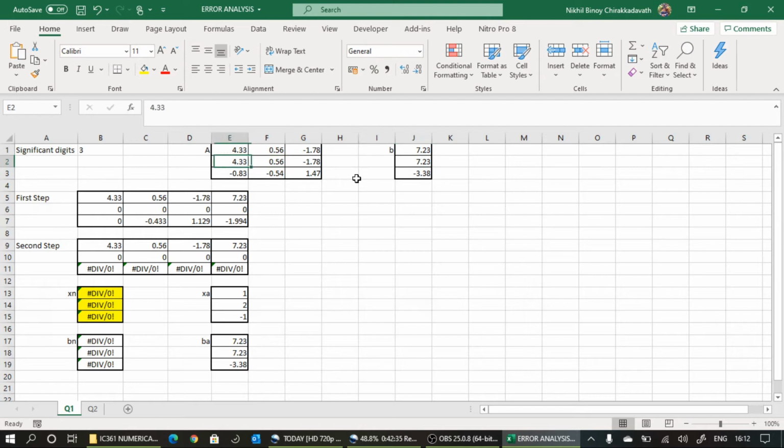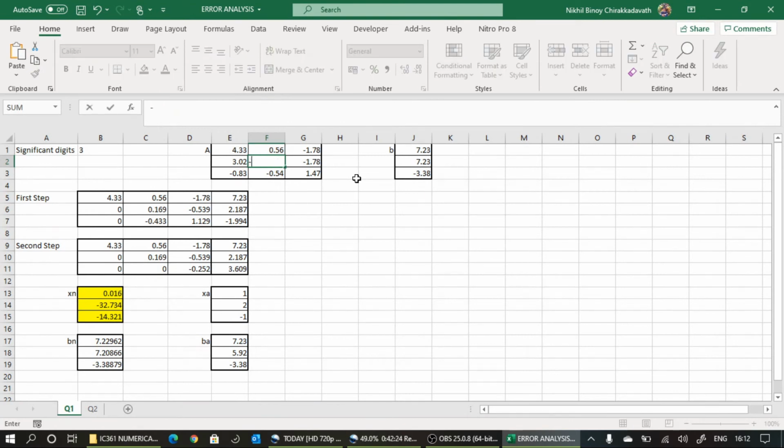So we swapped the first row and second row. The second row is 3.02, minus 1.05, 2.53, then minus 1.61. Is it okay?